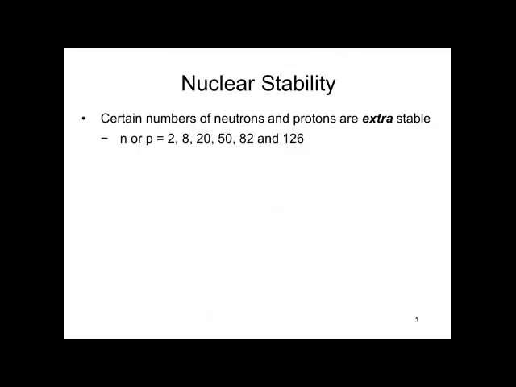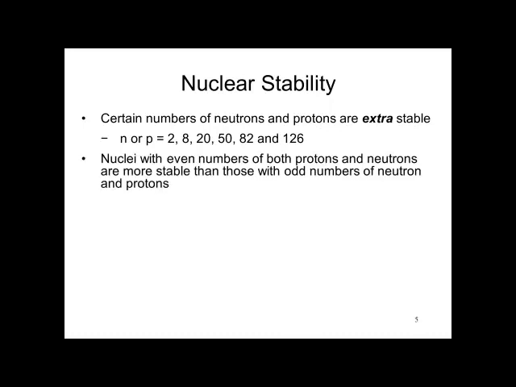Nuclear stability. Certain numbers of neutrons and protons are extra stable. If a neutron or a proton number is 2, 8, 20, 50, 82, or 126, these isotopes are extra stable. These numbers are actually referred to as magic numbers.